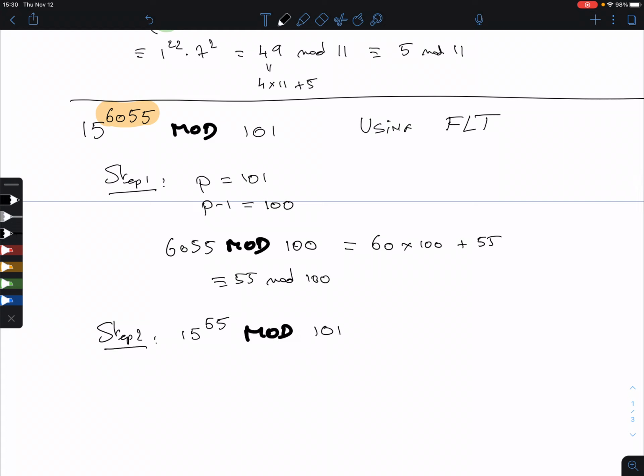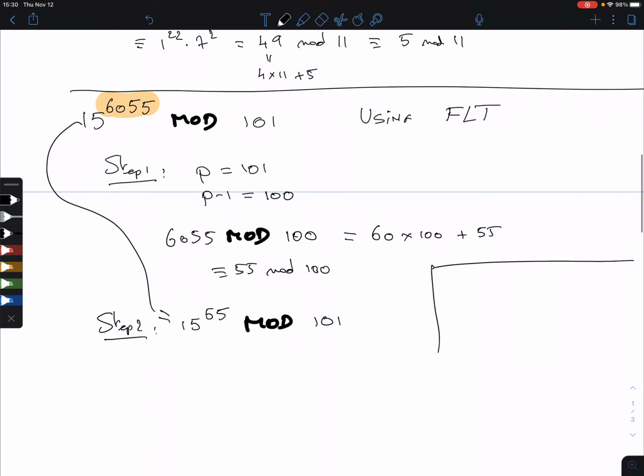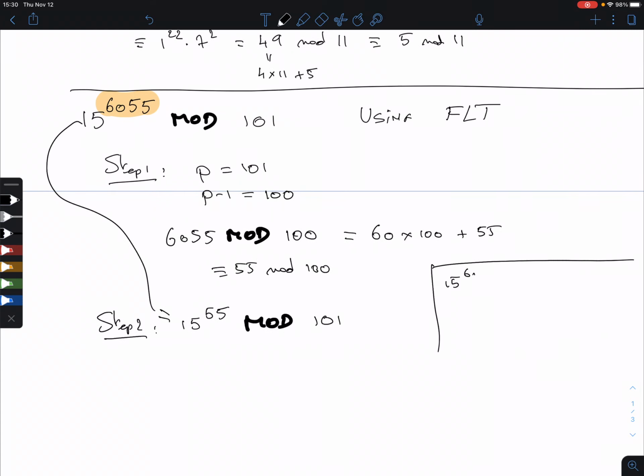So this is the same. Let me quickly explain one more time why that is. Because 15 to the power 6055 is the same as 15 to the power 100, to the power 60, times 15 to the power 55.